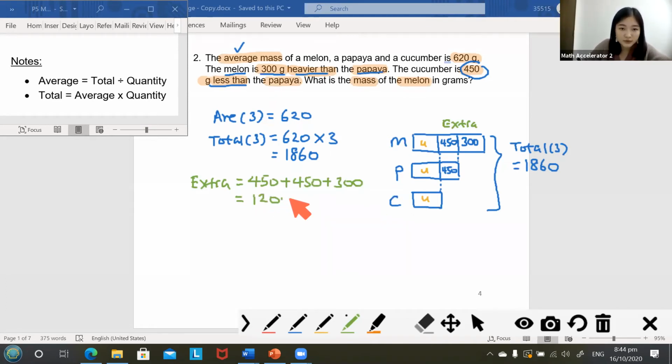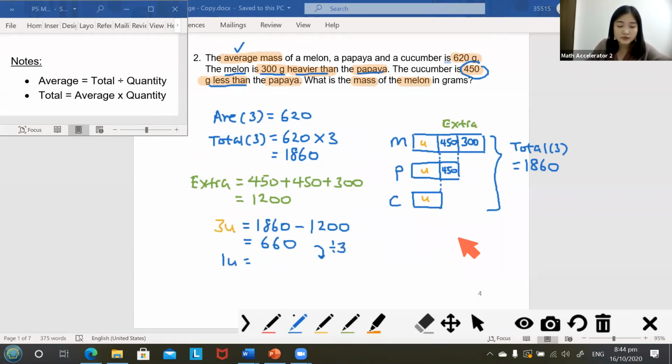Thank you. Okay, now we take it away. Once you take it away, we're left with 3 units. So your total here, take away the extra, 1,200. What are you left with? 660. Okay, thank you. Let's find 1 unit. Okay, divide by 3. 220.